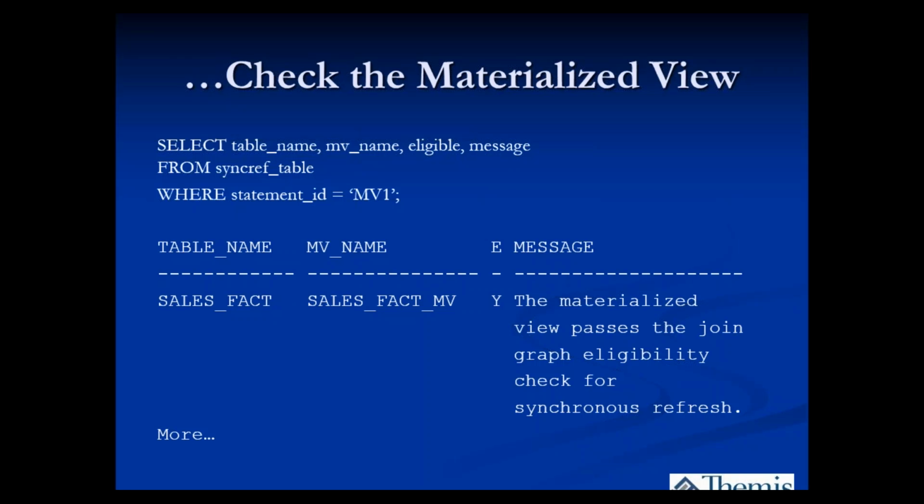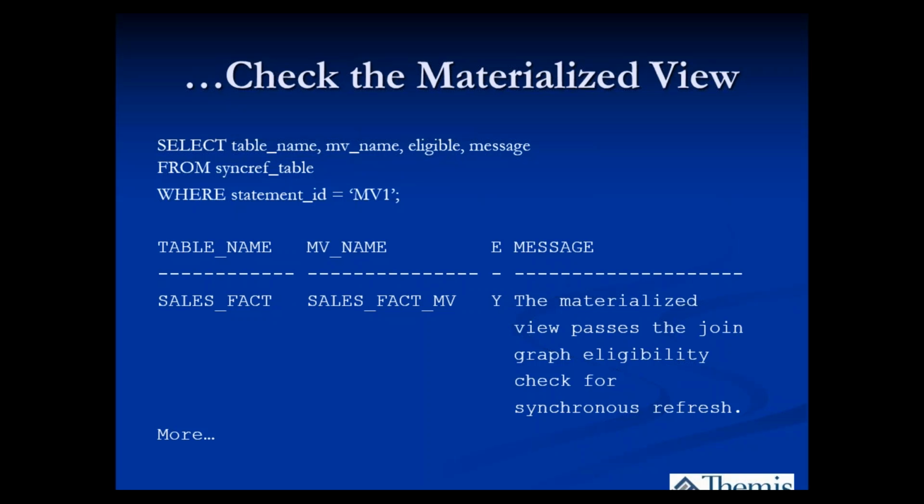It's going to show you things like, okay, the time table is the dimension table. If you had a geographic table, it might say location is the dimension table. Here's the fact table. It's checking the joins on those types of things. It's checking for partitions. Like I said, all the things that it's checking for, and it puts them in here, and it has this eligible column up here at the top in this table, which will either be yes or no. So it's going to tell you all the different things it checked for.